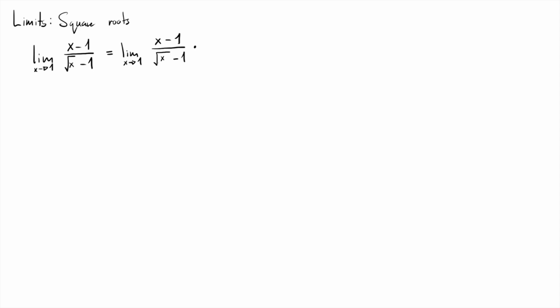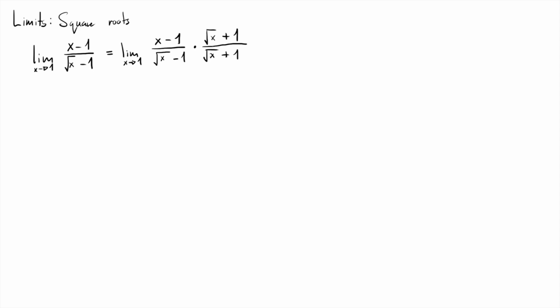The square root is in the denominator, so we take our denominator, square root of x minus 1, but instead of minus 1, we're going to multiply by square root of x plus 1. That's all we're going to do. We're just going to do that multiplication.